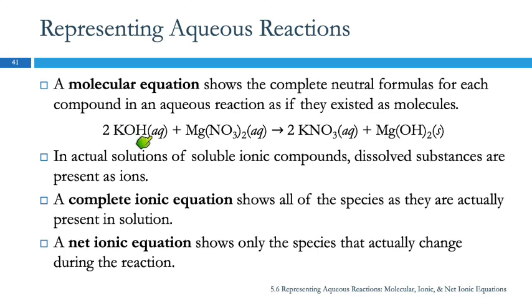So potassium and hydroxide would be shown as separate ions instead of together. And then one step further than that is what's called the net ionic equation, which is only going to show the species that are undergoing a chemical change. Anything that is not is just not going to be shown at all.